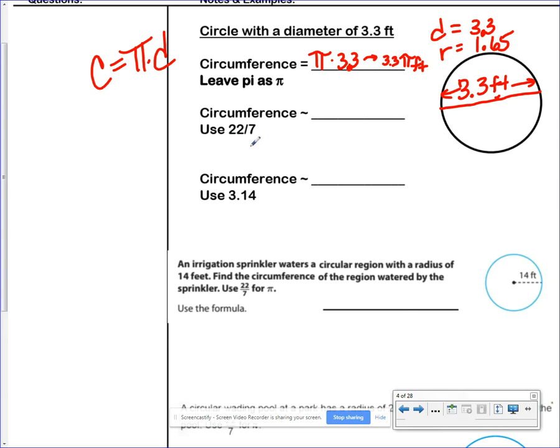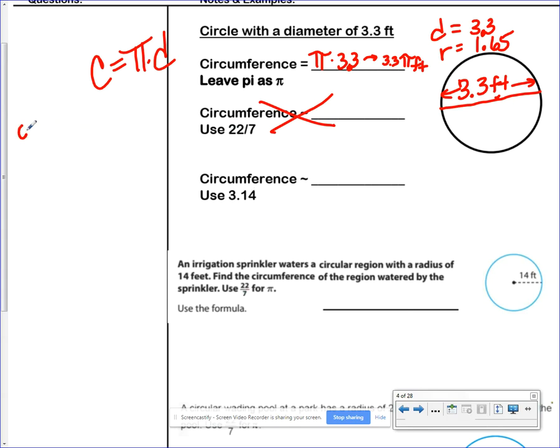If I tell you to use 22/7, usually they want you to use this one only when you have a number that's divisible by 7, so you get a nice approximation. I'm going to say it really doesn't make sense to use 22/7 here. You get this ugly decimal number, so we're just going to bypass that one.